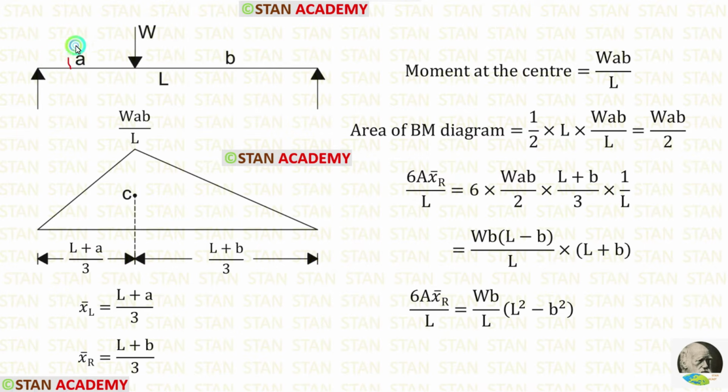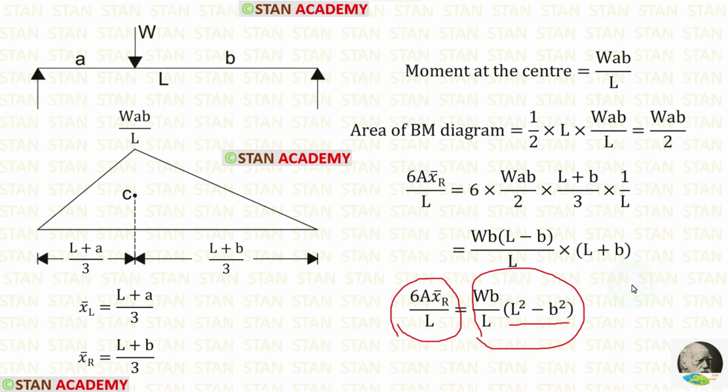We know that A is equal to L minus B. Instead of A, let us apply L minus B. L minus B into L plus B, we will get L square minus B square. Finally, we have made a formula for 6A x bar right upon L, which is equal to WB by L into L square minus B square.